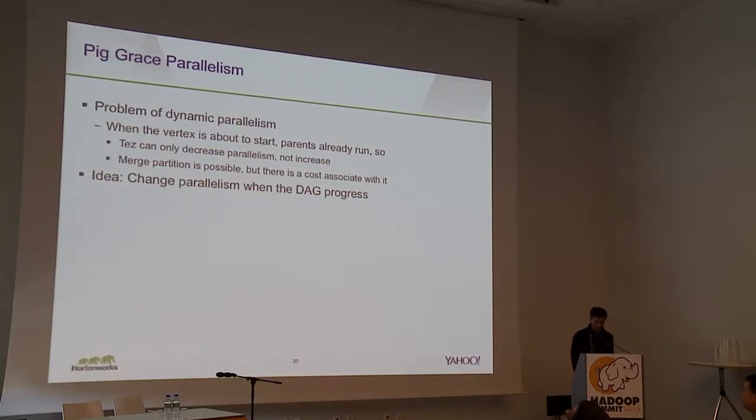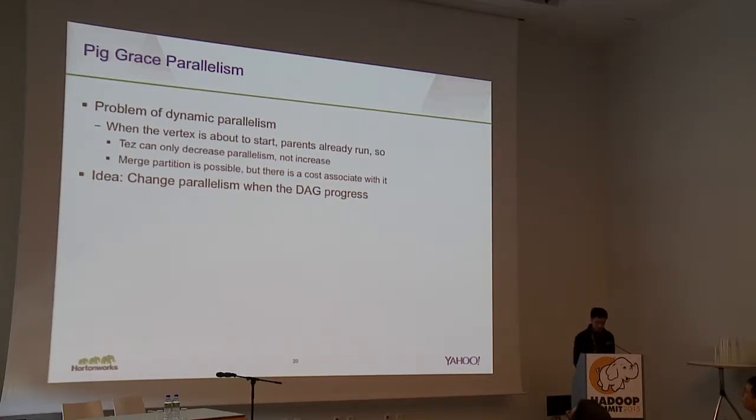So when we discussed Shuffle Vertex Manager, we already covered its limitations. We can only decrease the parallelism, but not increase it. And also, there is overhead involved when we reroute the partitions. So it is better to get things right before the upstream vertex starts.